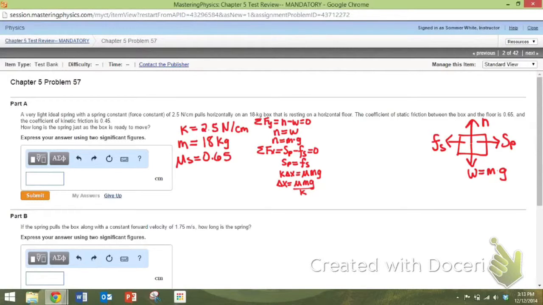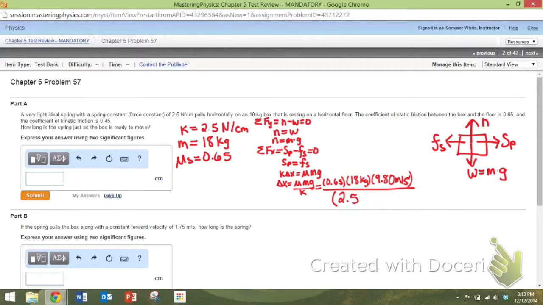Because we have that all set up and we have identified all of our numbers, we can start plugging stuff in. Our mu sub s, as we established, is 0.65. Our mass is 18 kilograms. Our gravity is 9.8 meters per second squared. And this is over our spring constant.